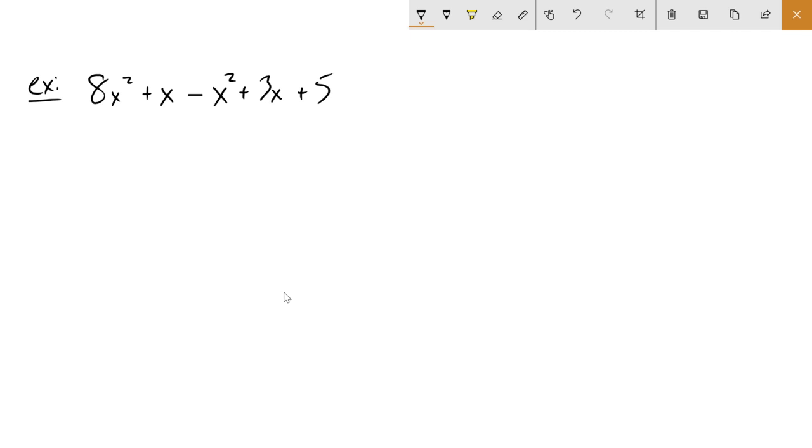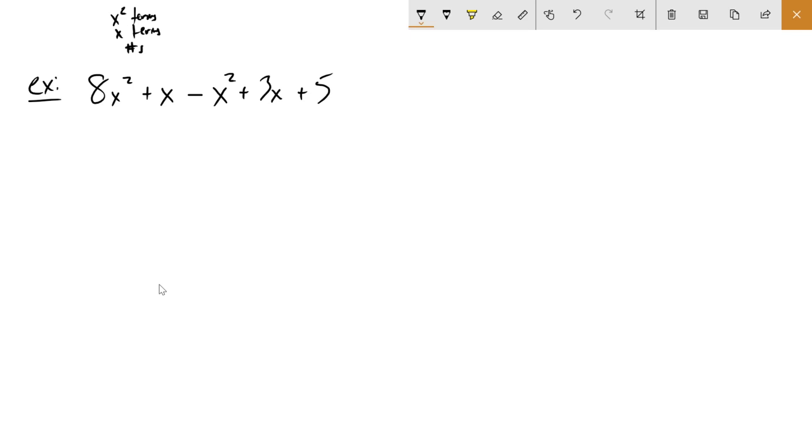If you have higher powers of terms, those aren't like terms. So what you have here is 3 types of terms: x squared terms, x terms, and then numbers. You can't combine higher powers of x's with lower powers of x's. You can only combine like powers.